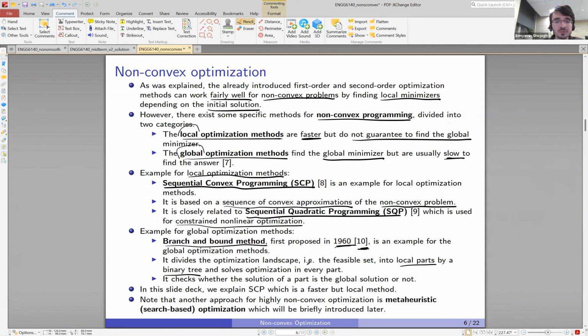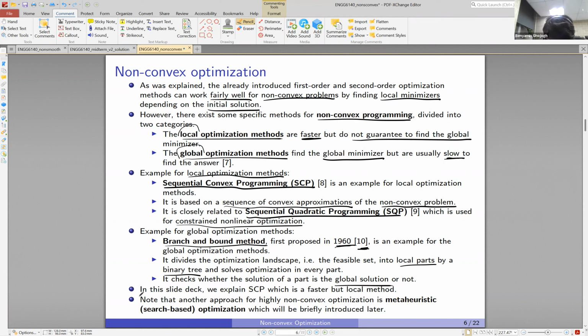It's closely related to the branch and bound method, which we use for integer linear programming in the initial sessions of this course. It checks whether the solution of a part is a global solution or not.